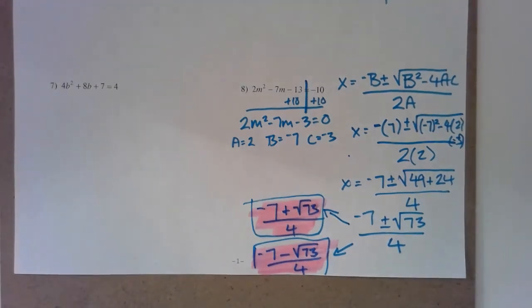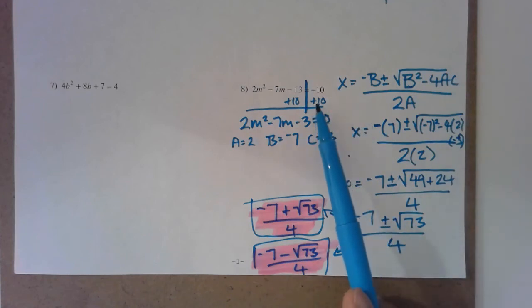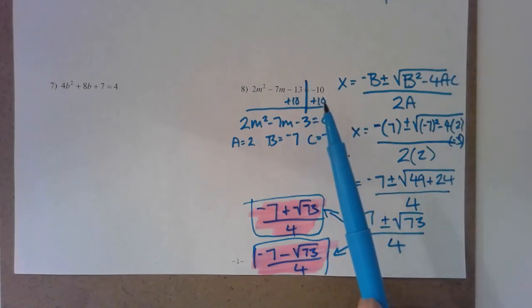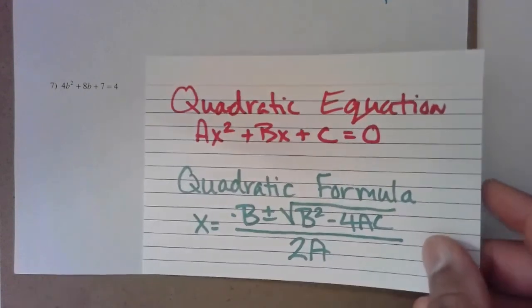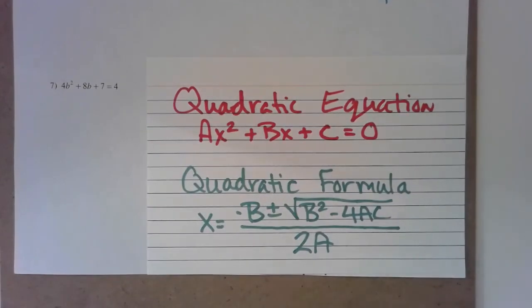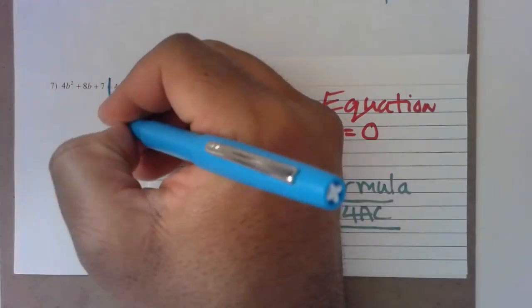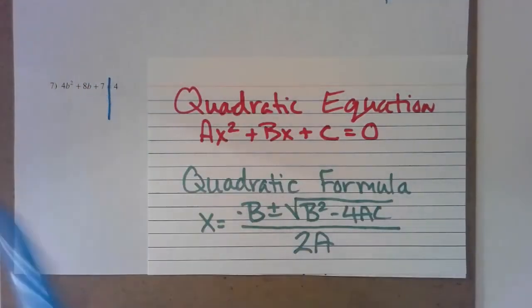Now, I said I was going to give you a little bit of a hint for number 7, but that hint should be pretty obvious. Take a look at what we did in number 8. So we wanted to make sure this was set equal to 0, but we had another number there. But if I look at number 7, you're going to see that I have a positive 4 here. How am I going to go ahead and get that positive 4 over here?